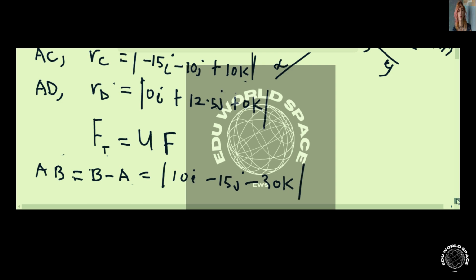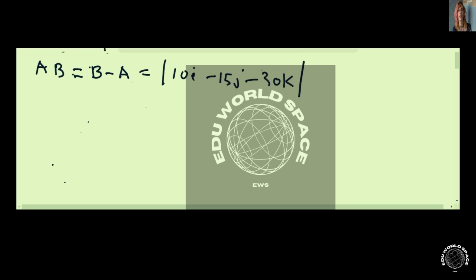Of course, we need to know the magnitude of AB. When you do it, you are going to have it to be 35.